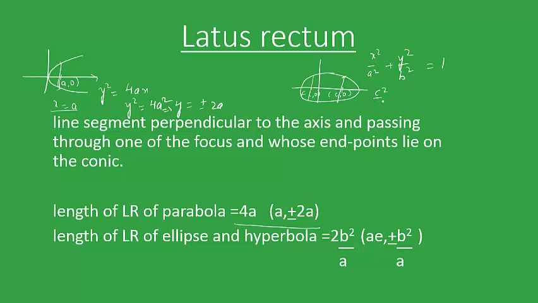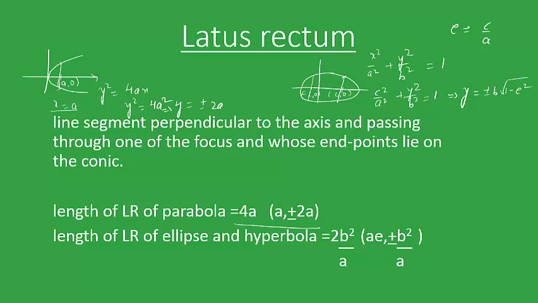So we'll have c square upon a square plus y square upon b square equal to 1. Now using the definition of eccentricity e equals c by a, we'll have y equals plus minus b under root 1 minus e square here.